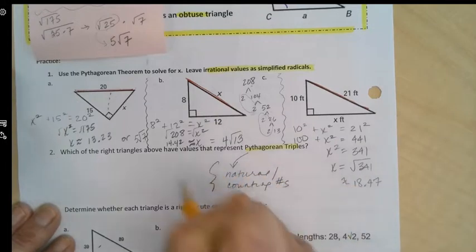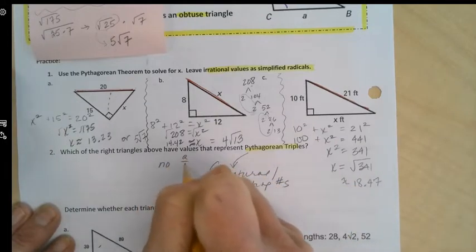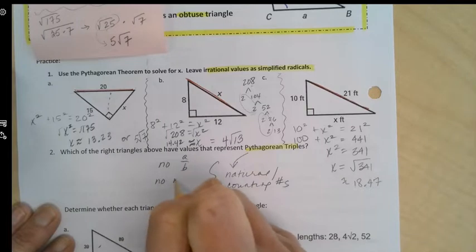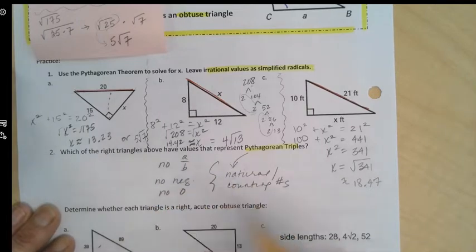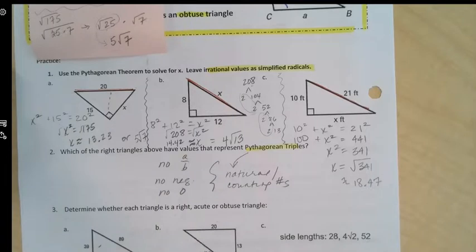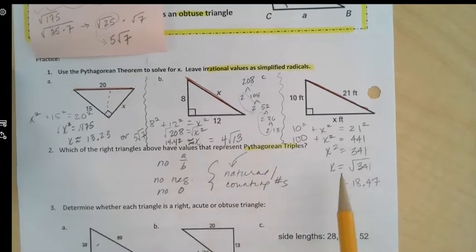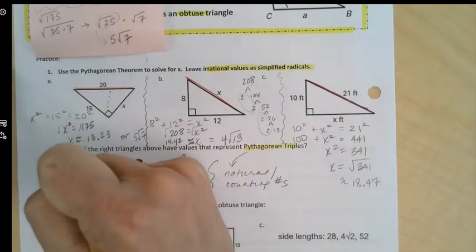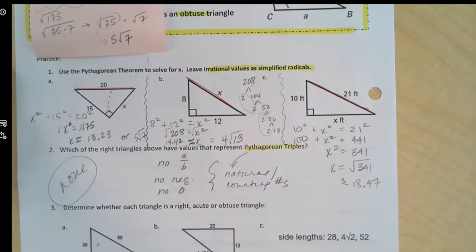If you don't know what that means, no fractions, no negatives, and obviously no 0, because you can't have a side length of 0. So if you look here, here's a radical, here's a radical, there's a radical, so none of those values above represent Pythagorean triples.